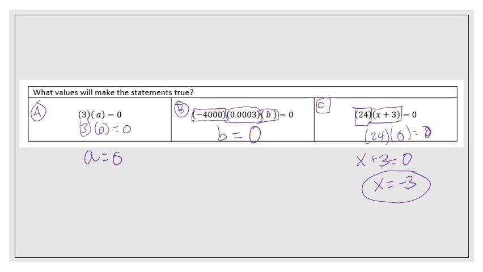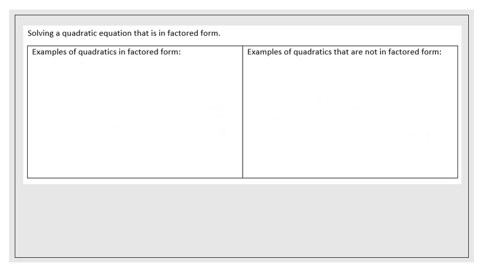And this is the basis of how we are going to solve these equations when the quadratic is in factored form. So let's write some examples of quadratics that are in factored form and some that are not in factored form. One example, similar to the examples we just saw, could be the quantity x plus 3 times the quantity of 2x minus 5 equals 0.